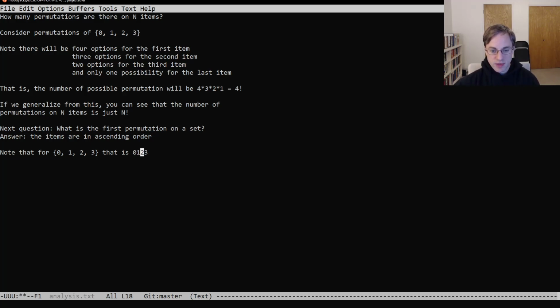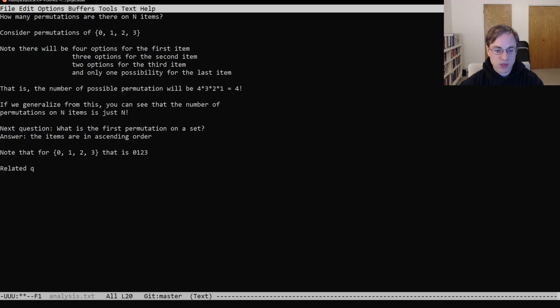And same with any other position. Suppose for the third position here we had put the 3 there, well then it would be 132 rather than 123. Again, that would be a greater number, so it couldn't be the first permutation.